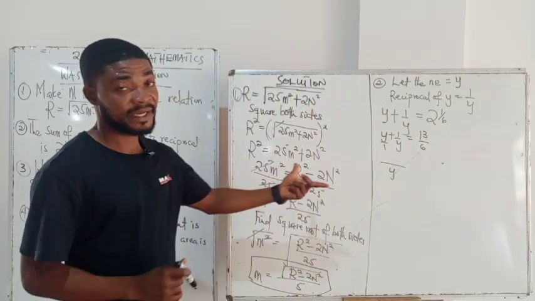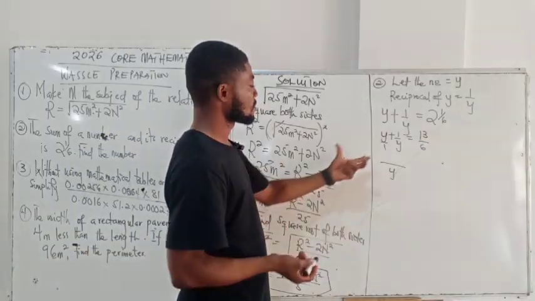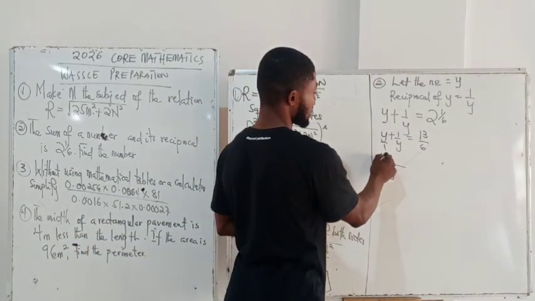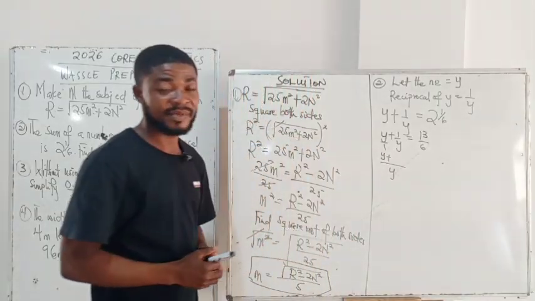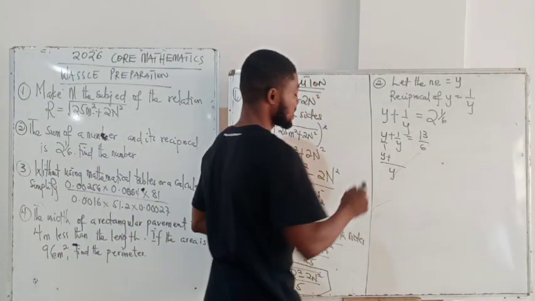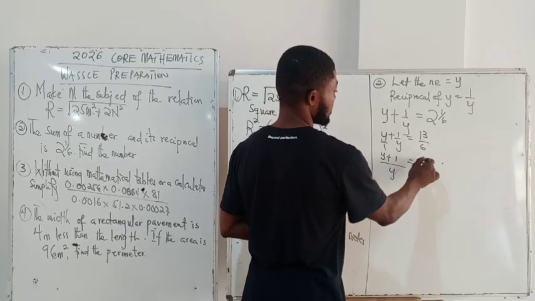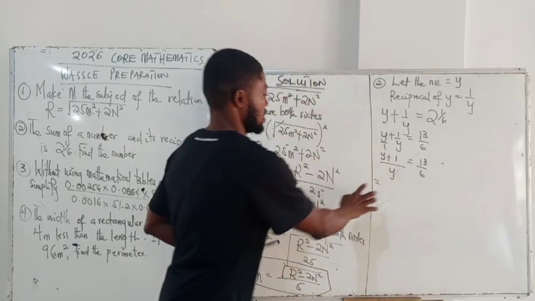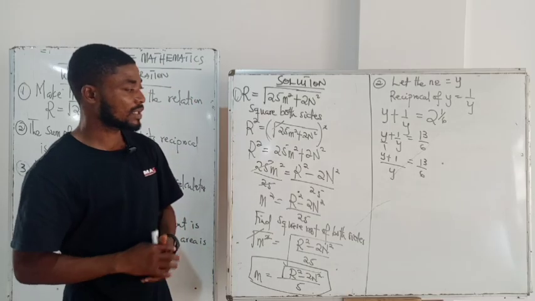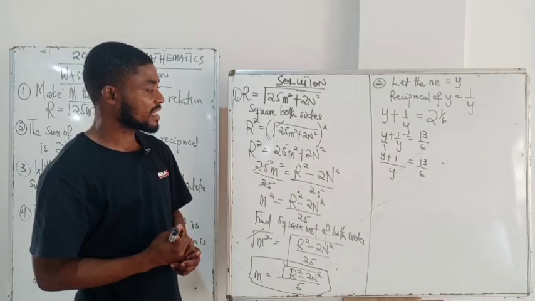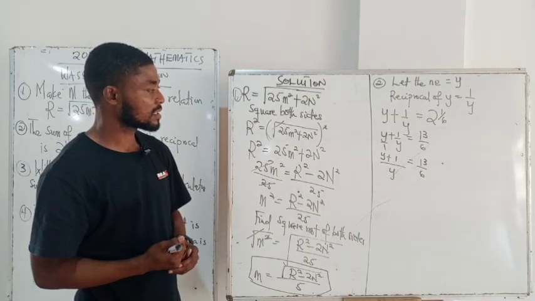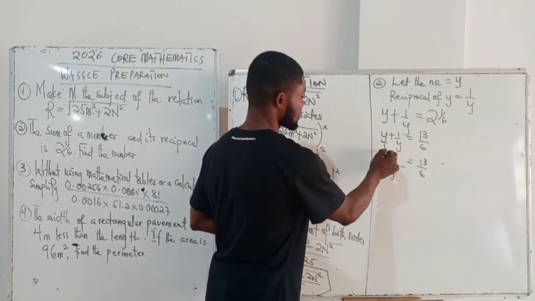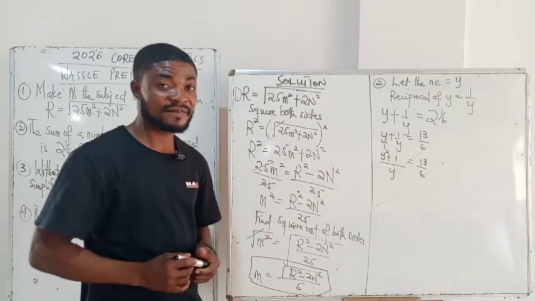I have y as my LCM. So 1 goes into y, 1 times y, that would be y. y goes into 1 how many times? 1 times 1, that will be 1. So I now have y squared plus 1 over y is equal to 13 over 6. Sorry, so y goes into y, y times y, that should give us y squared.